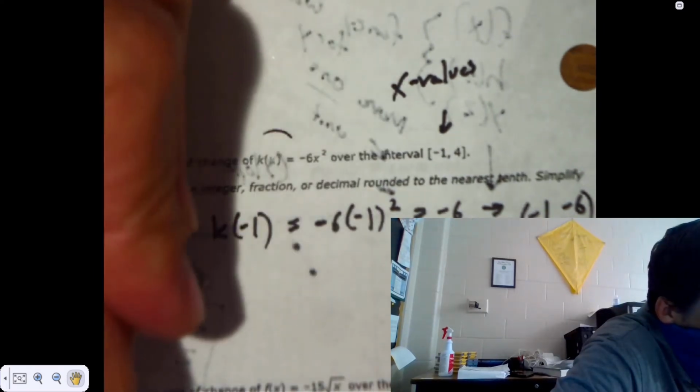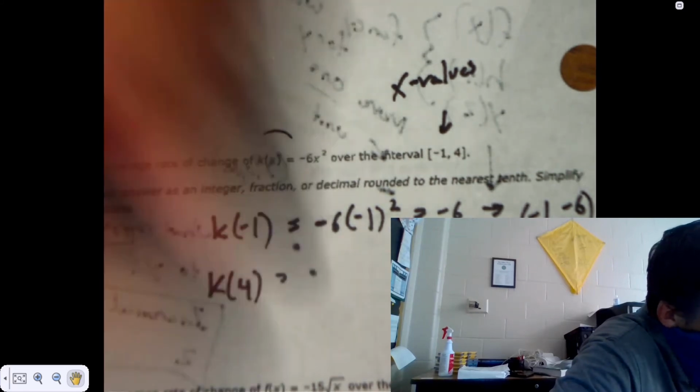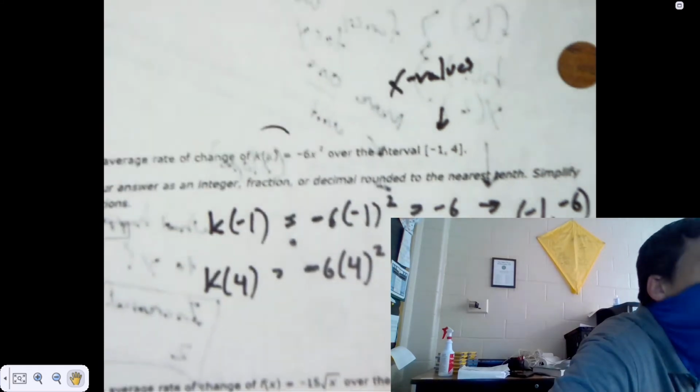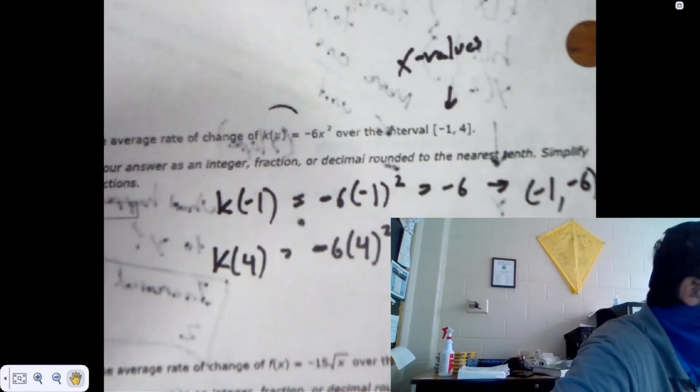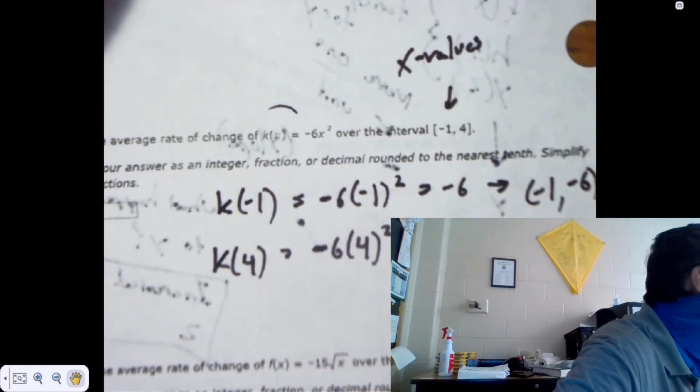Now we're going to find k of 4. That's found by plugging in a 4. What's a 4 squared? 16. What do you get when you multiply that 16 by -6? Not subtract 6, when you multiply by -6.